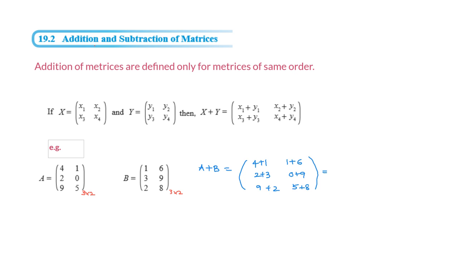What's the answer? Let's see. We have 5, 7, again 5, 9, 11 and 13. So the order here is also 3 by 2.